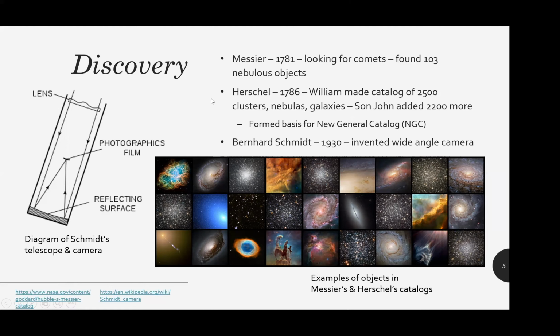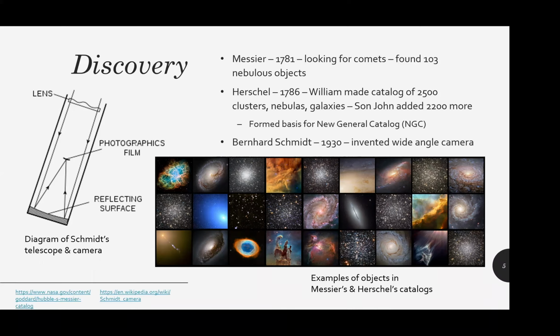And then a couple years later, William Herschel had the same idea. He published his catalog of 2,500 of the same type of fuzzy objects, those being star clusters, nebulas, and galaxies. And then William's son, John, added over 2,000 more, and most of those were in the southern hemisphere.